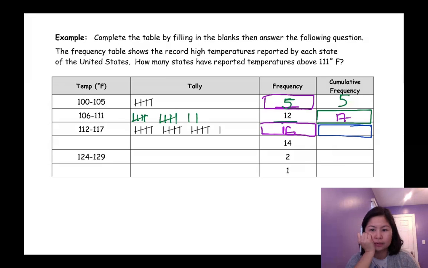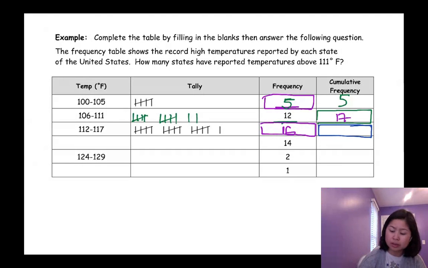Okay, so I have 15 and then I have 33. 33 is correct because I have to add the 15 and 16 to get 33, not 15. Okay, so that's good. You get the idea, right?